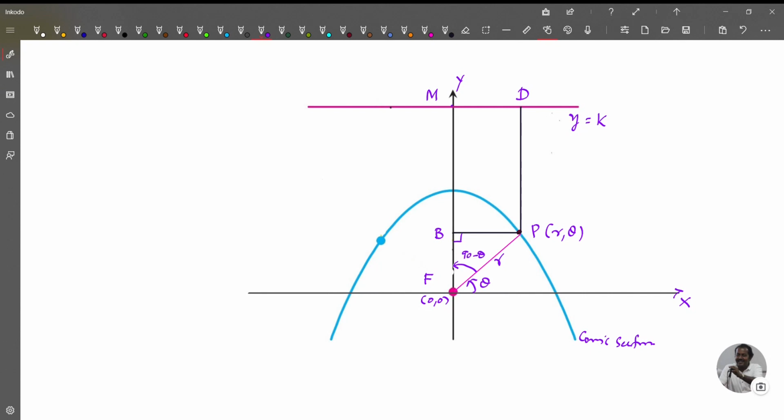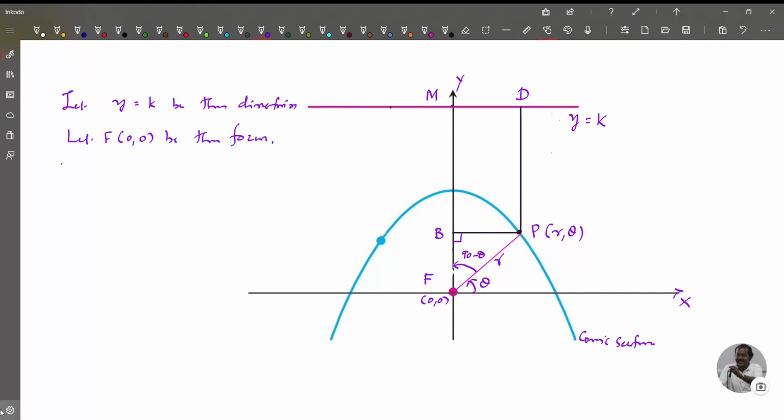So let y equal to K be the directrix. Let F(0, 0) be the focus.